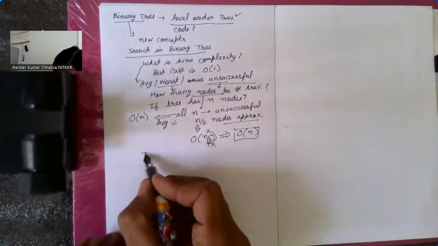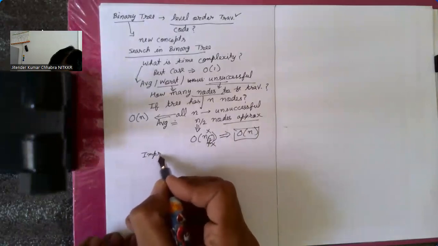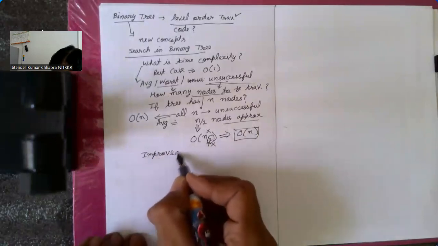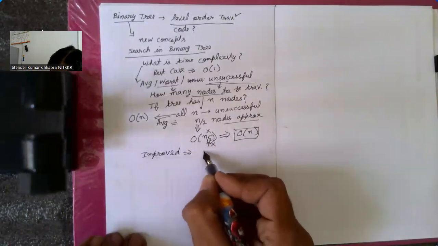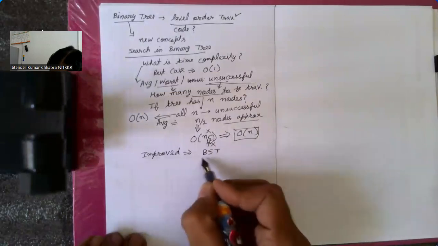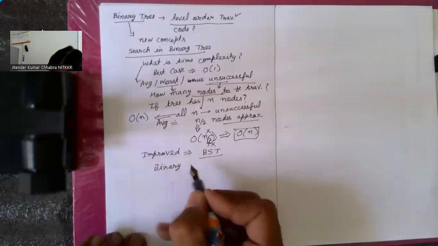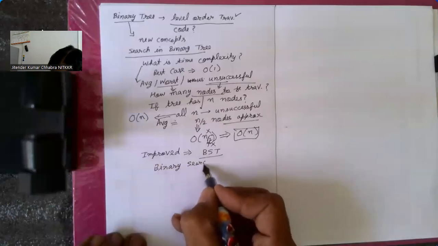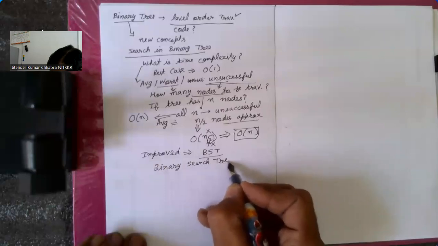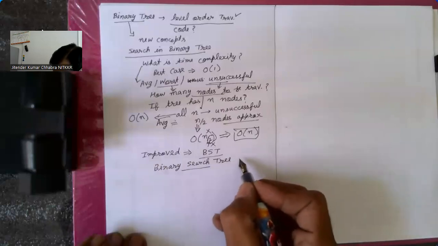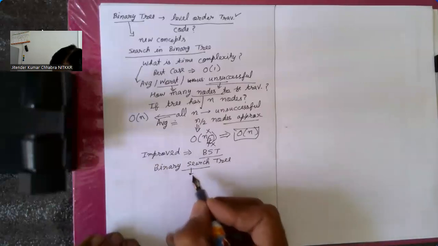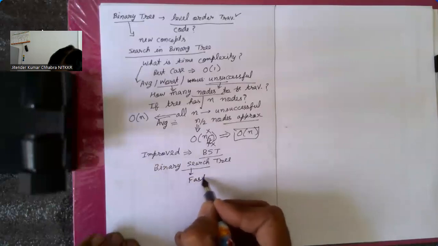This can be improved by having the binary tree work in a better manner. We change the concept of a binary tree to become a binary search tree. And the search becomes faster and more efficient if I have a good tree, a balanced tree available. So my first search can be fast.